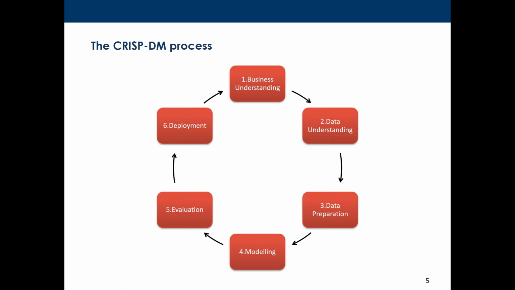So there are 6 steps, as you can see here. They start with business understanding and they end in deployment. I'm going to talk about each of them in detail, but one of the reasons we do like the CRISP process model is that it isn't just about the business of preparing the data and doing the analysis. It is very much driven by research or business objectives to guide that data and analytical process.